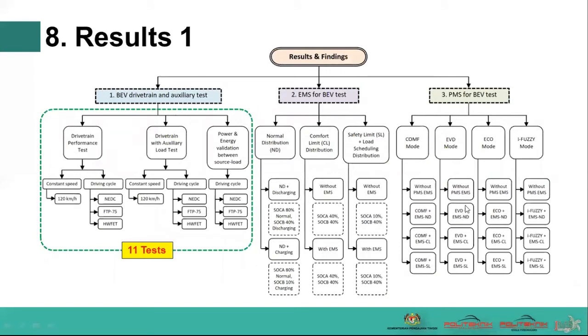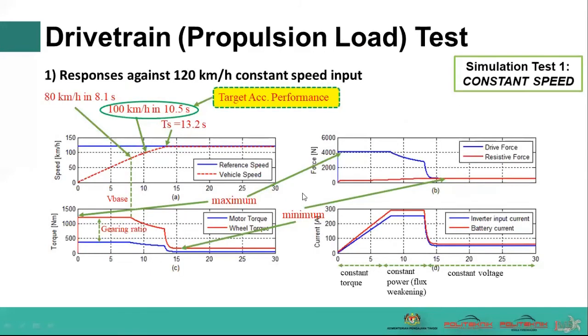So for the results, we have the result for BEV drivetrain and auxiliary test with 7 tests performed. The first part is the drivetrain or propulsion load test.